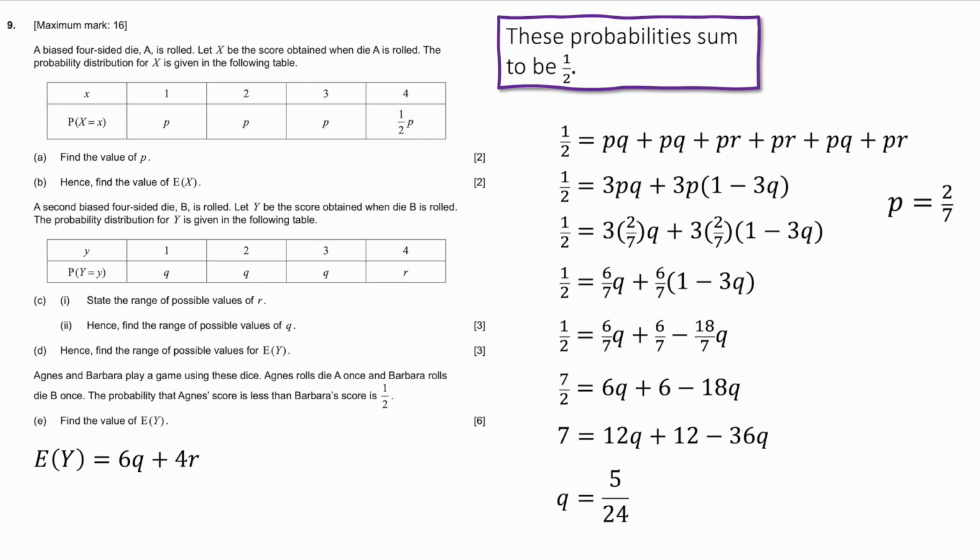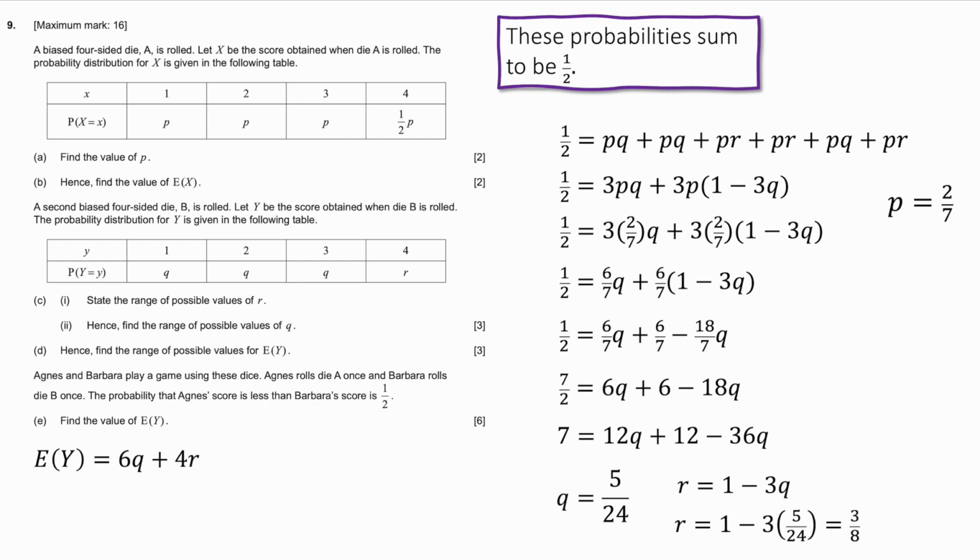We need to find E of Y. And so for that, we'll need R as well. So R is 1 minus 3q. I'm going to substitute in q is 5/24, which makes 1 minus 15/24, which is 1 minus 5/8, because 15/24 simplifies to be 5/8, which is 3/8.